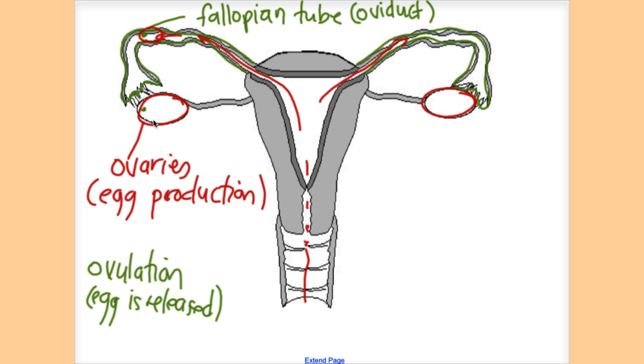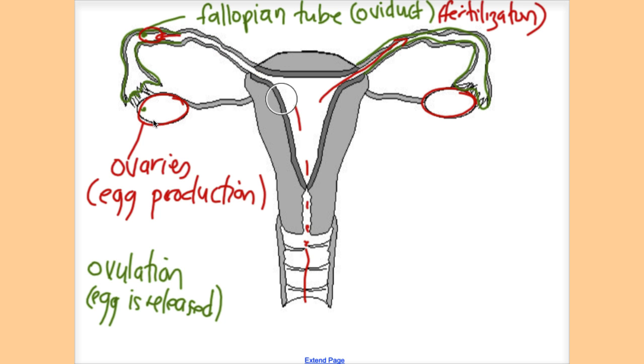The sperm swimming all the way up and meeting the egg in the fallopian tube or oviduct. So here is where fertilization happens, so I should write that: F-E-R-T-I-L-I-Z-A-T-I-O-N. Fertilization happens in the fallopian tube or the oviduct.